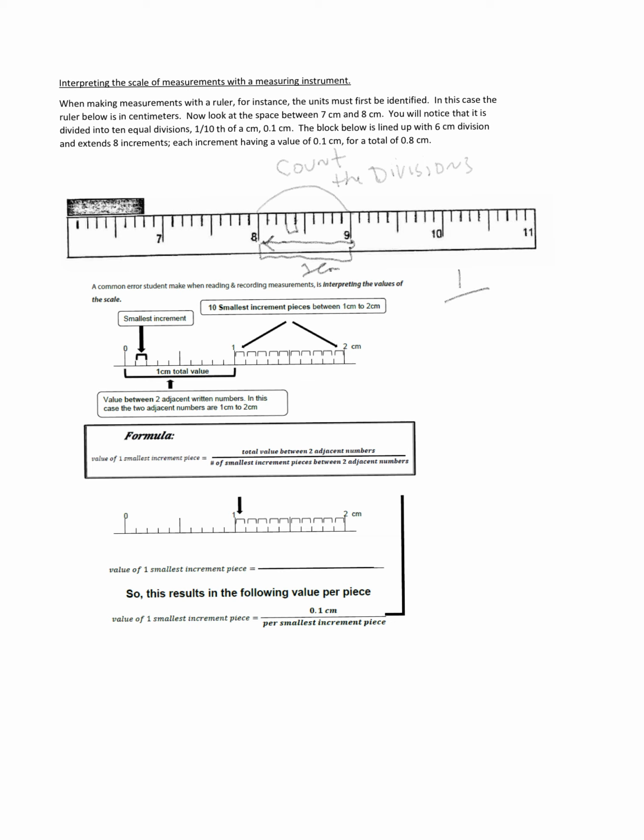So if I have a measurement, let's say I go from here to here, there's 1, 2, 3, 4, 5. 5 divisions, or 5 over 10, or half a centimeter in this case. So that's all we're talking about here, is looking at the value of these divisions and how we figure out the value of those divisions.